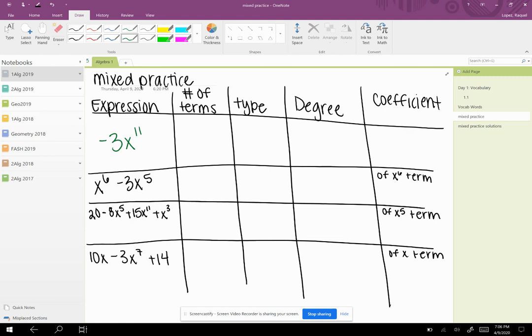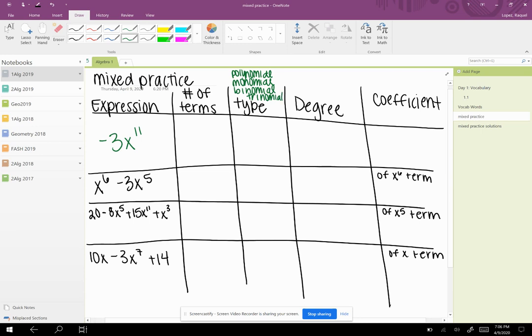Okay, welcome back. All right, so the purpose of this new table was for you guys to get practice on your own and then check your answers, okay? So in this column, I wanted you to write down the number of terms. In this column, I wanted you to write down the type. So remember, the type could be polynomial, monomial, binomial, or trinomial.